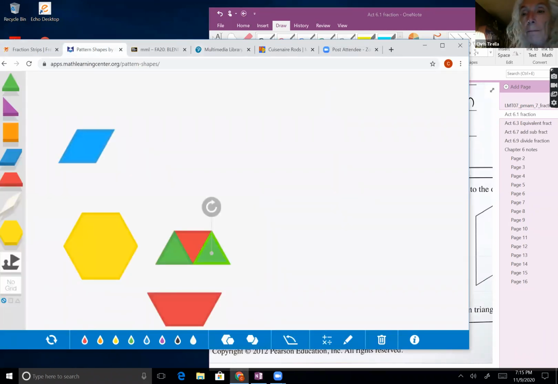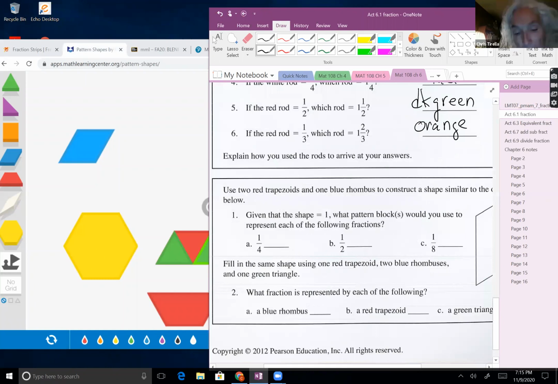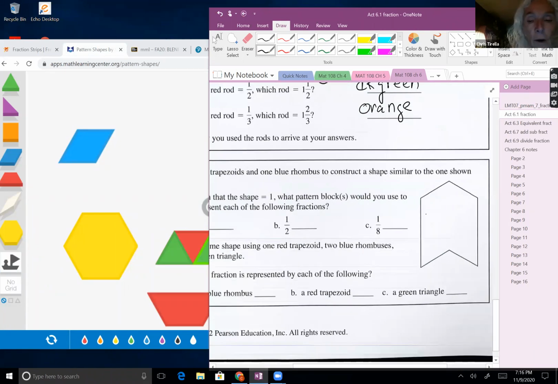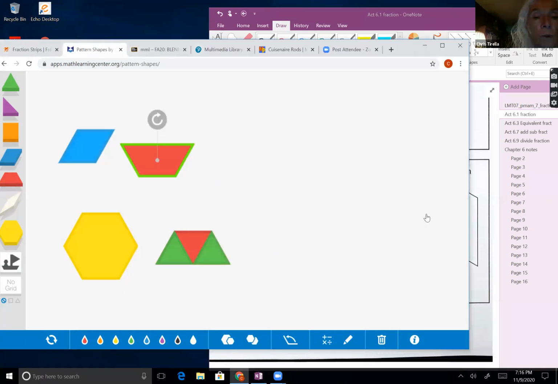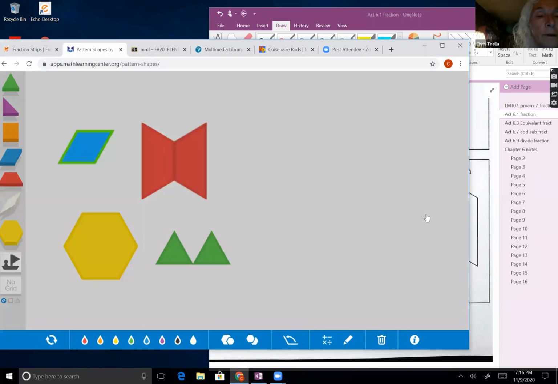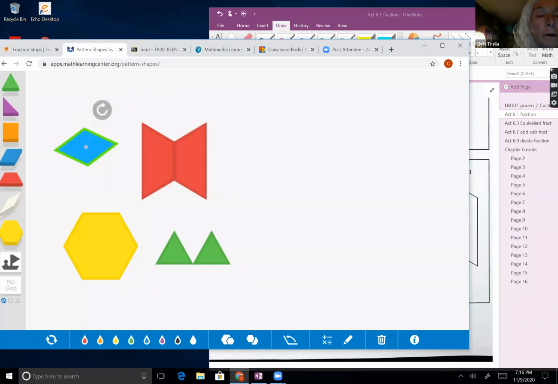And then that last part, they want us to make a shape like this out of 2 trapezoids. So 1 trapezoid, 2 trapezoids, and a blue rhombus.